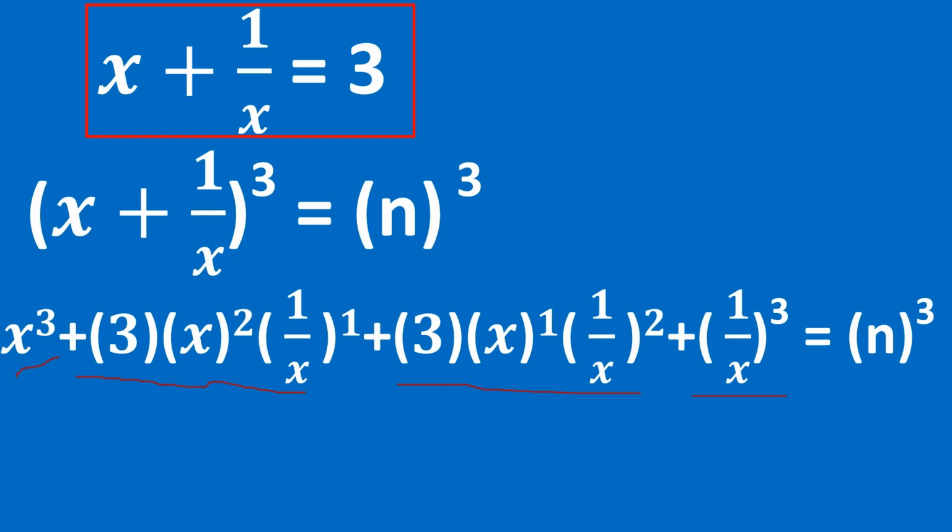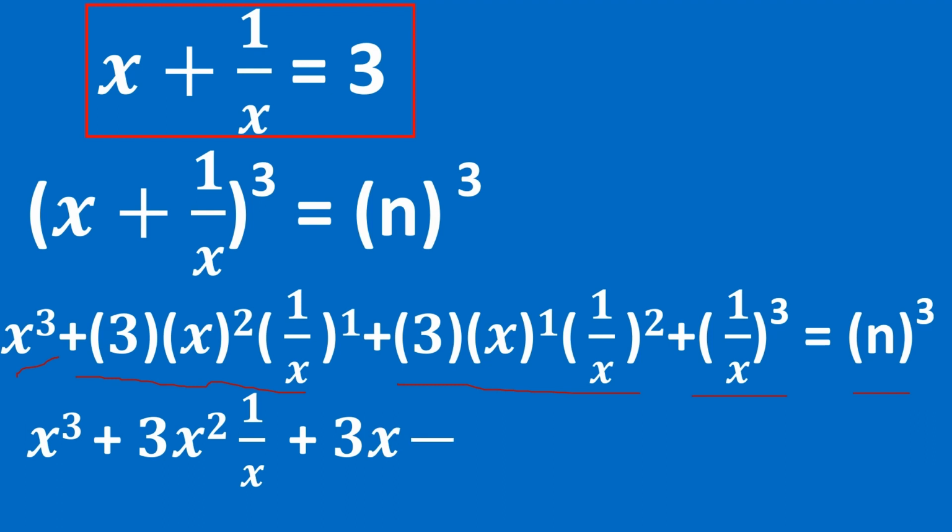And of course, the right-hand side is n raised to power 3. Now, when we simplify this further, we have x raised to power 3 plus 3x squared times 1 over x plus 3x times 1 over x squared plus 1 over x cubed is equal to n raised to power 3.